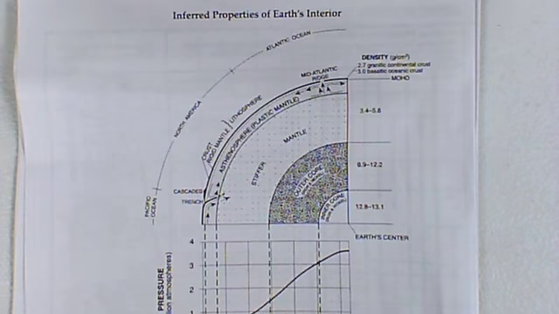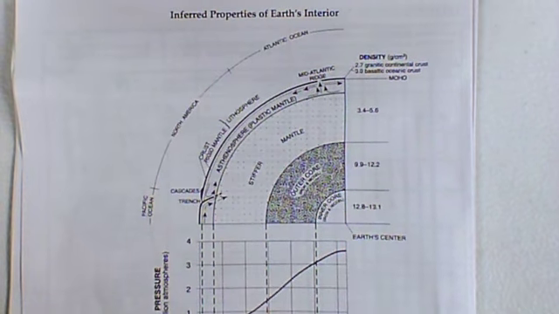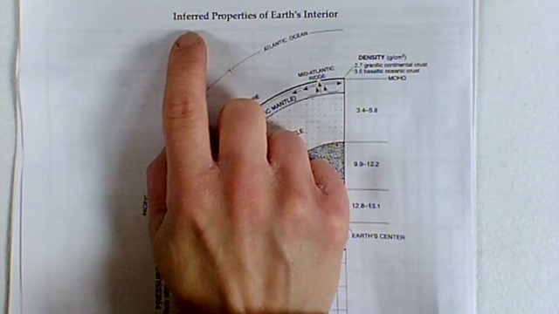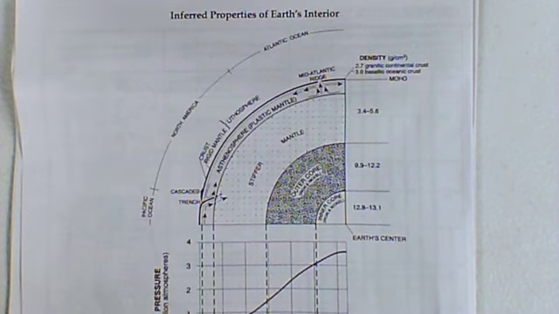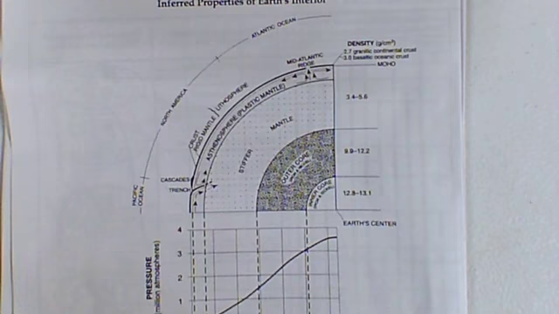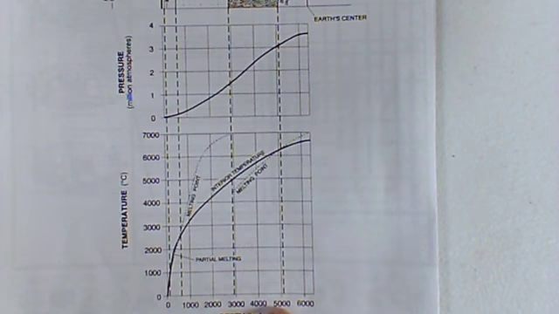Okay, so this diagram is about the inferred properties of Earth's interior. And it's inferred because we don't have direct evidence. We're using those seismic waves. So all of this data that you're seeing is inferred. And what I want to point out is that the center of the Earth is over 6,000 kilometers.